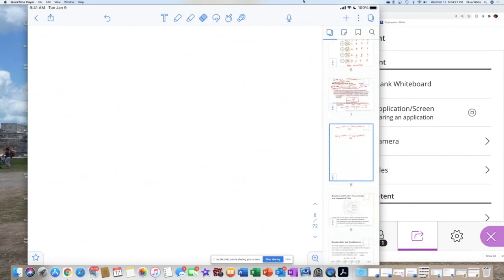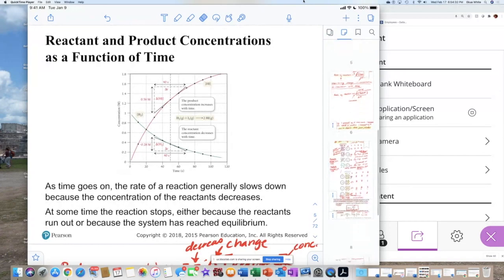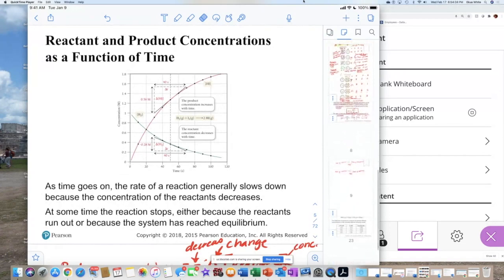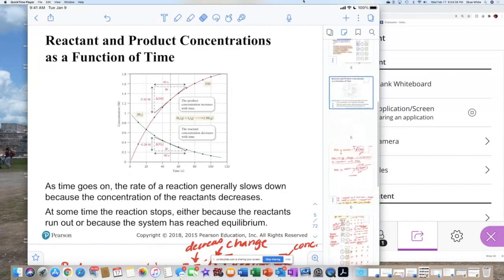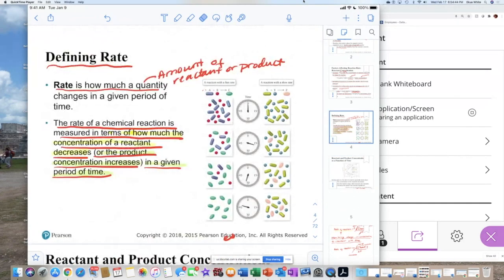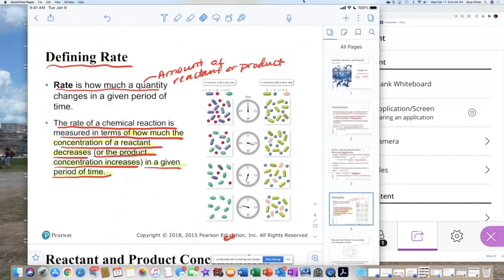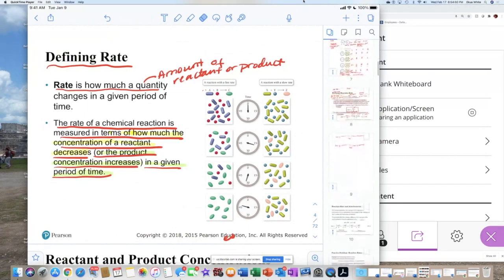Okay, so let me go ahead and actually move this over. Wait, what happened? Oh no. Okay, hold on. I was here.